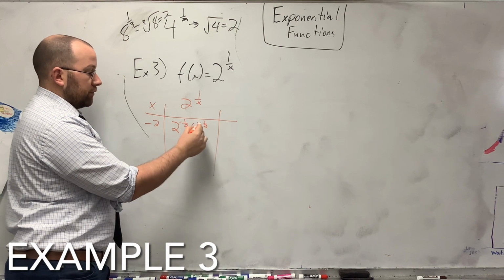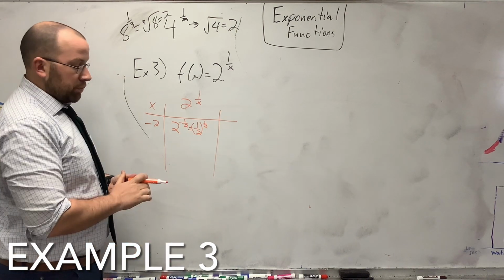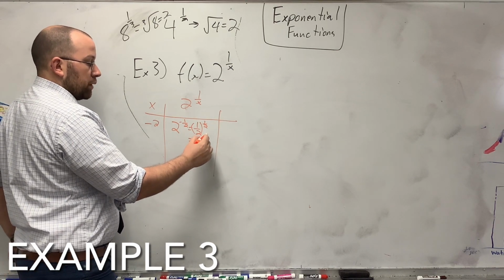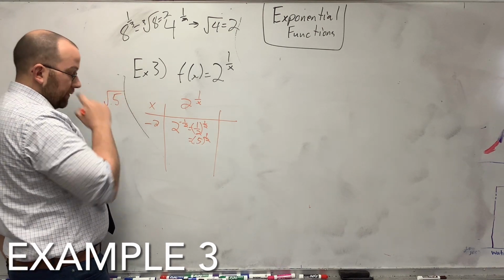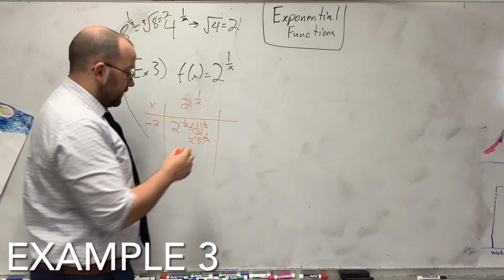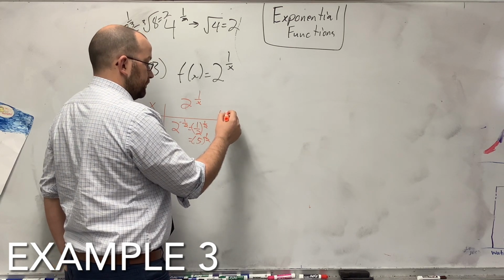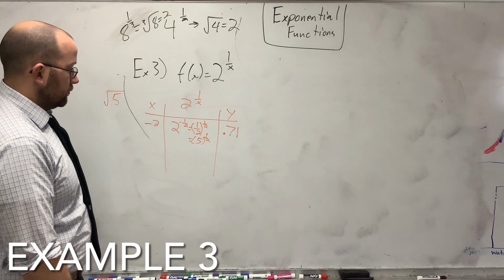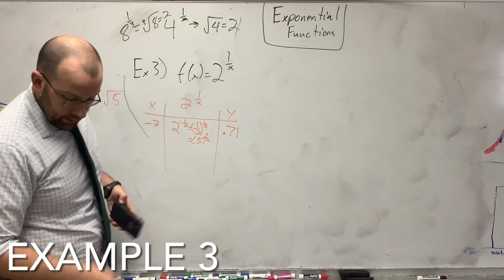So I could say 0.5 raised to the 1/2. What this is actually saying is I'm square rooting 0.5. When I square root 0.5, I get 0.71.